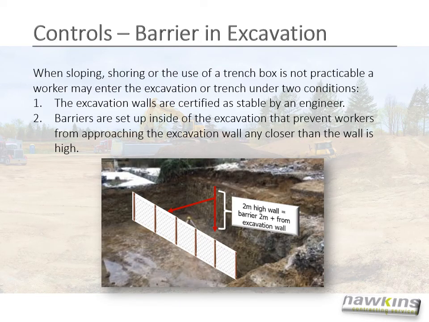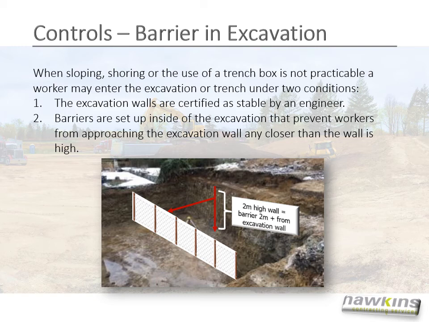When sloping, shoring, or the use of a trench box is not practicable, a worker may enter the excavation or trench under 2 conditions. The first condition is if the excavation walls are certified as stable by an engineer. The second condition is if barriers are set up inside of the excavation that prevent workers from approaching the excavation wall any closer than the wall is high.